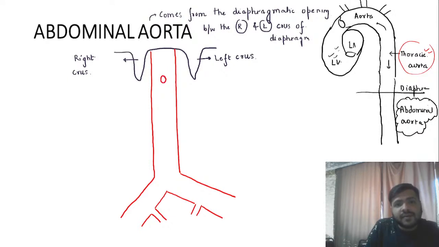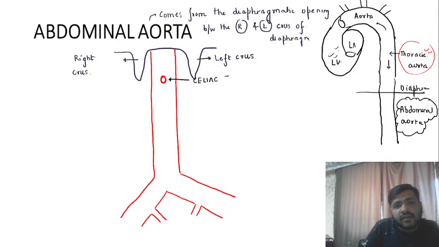The very first branch, beta, that you have to discuss is the celiac trunk. I'm just showing you by a simple circle. Okay, so this particular one is the celiac trunk.